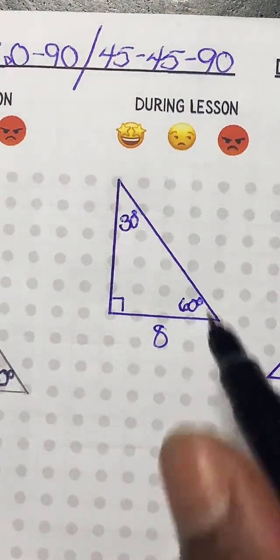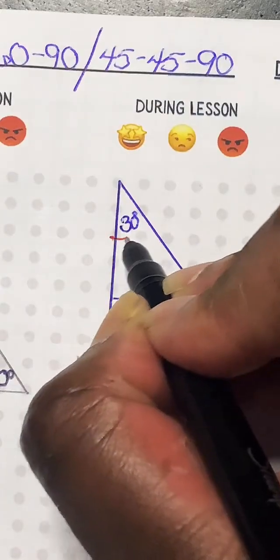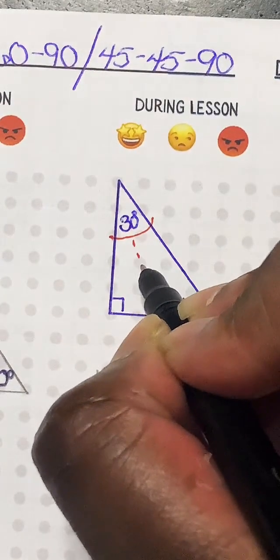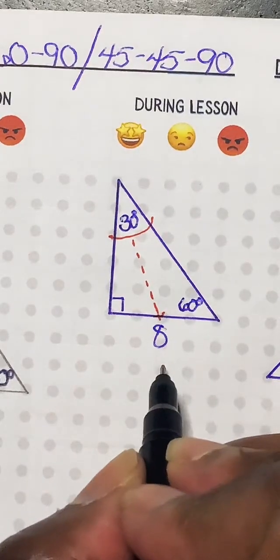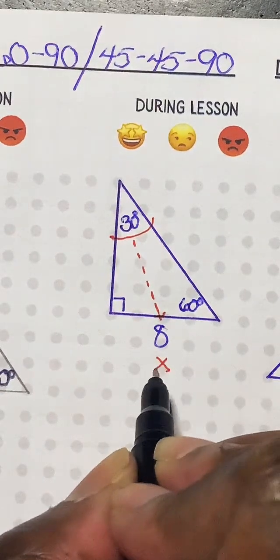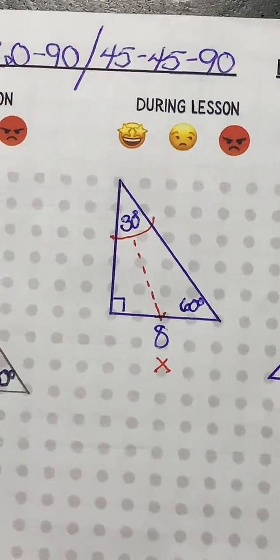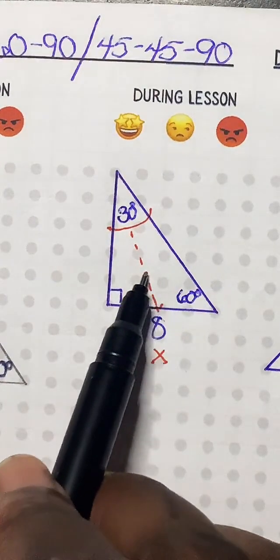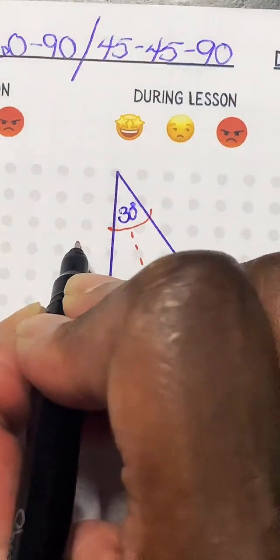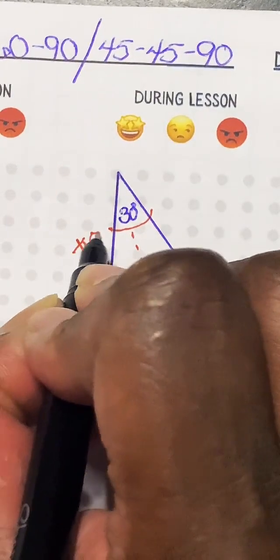Now, I'm given the side that's directly across from that 30 degrees. So this 8 is my X, my unknown side. We know the side directly across from the 60 degrees is going to be X times the square root of 3.